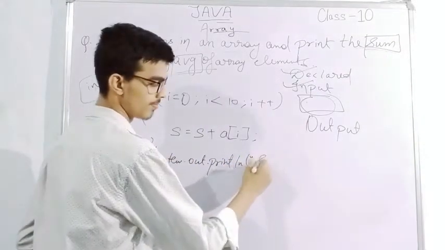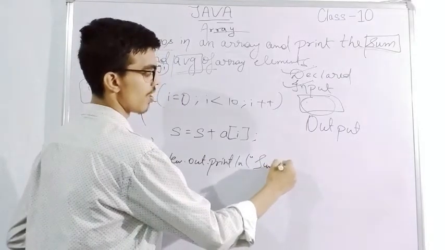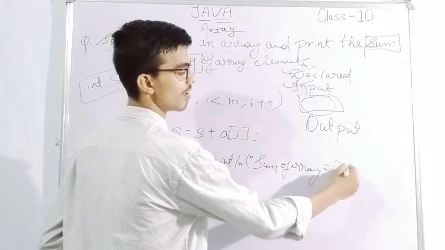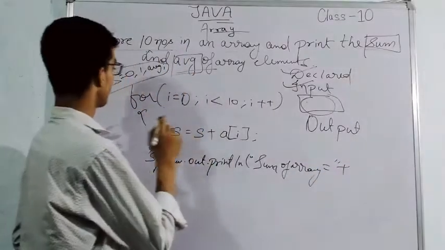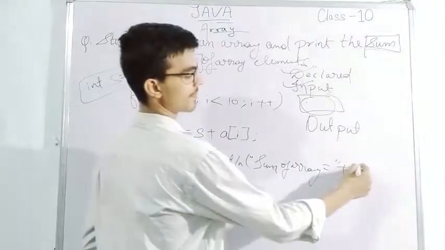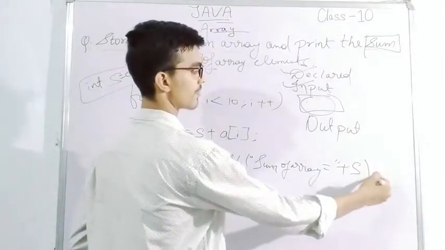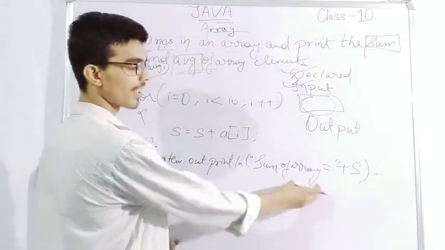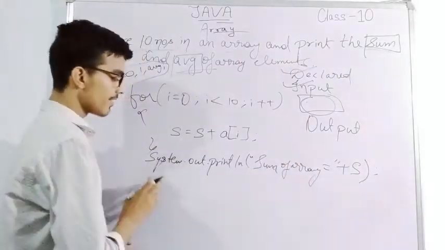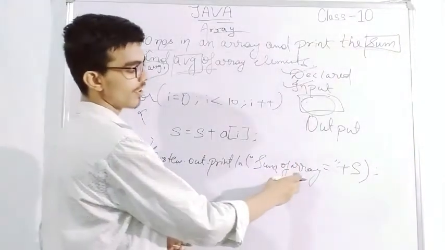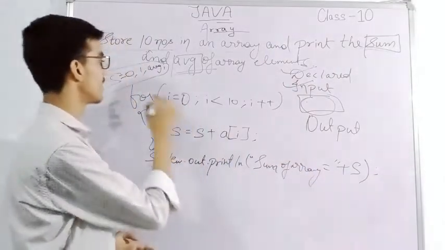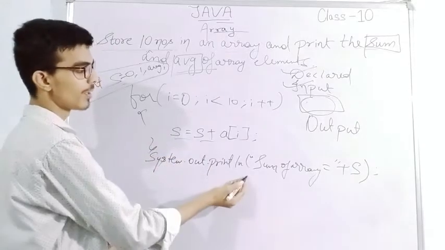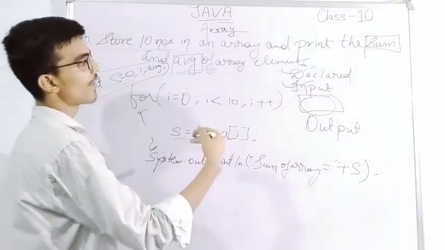We'll write "sum of array is equal to" plus s. We have printed the sum. The value of s is here. At last it will come out of the loop and we will print it. We have found out the sum.